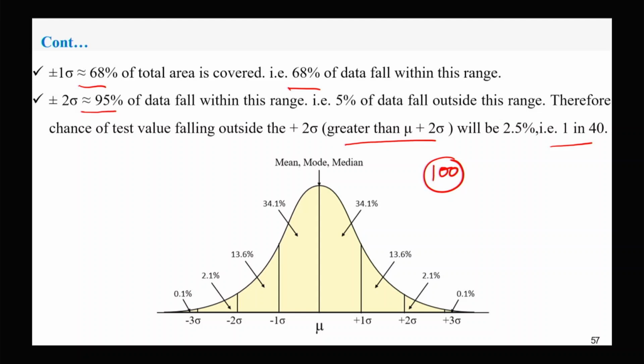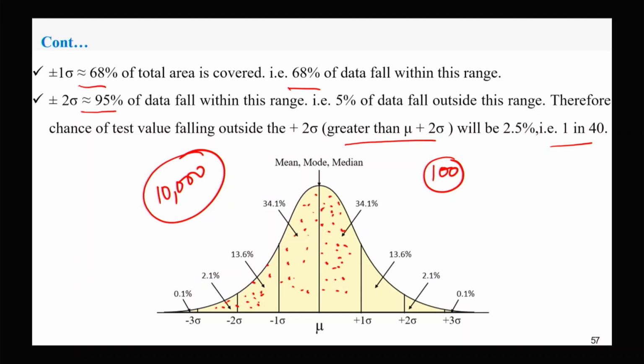Now say the population is 10,000. 10,000 readings are there, and theoretically, suppose we have calculated the individual data and plotted the individual values for all 10,000 data, and we have got this type of distribution. So these are the individual data.